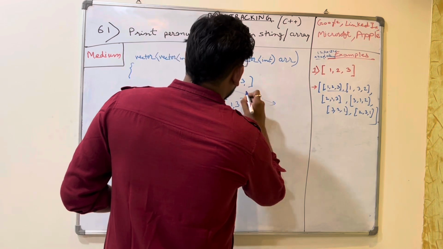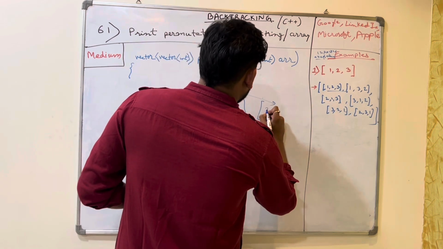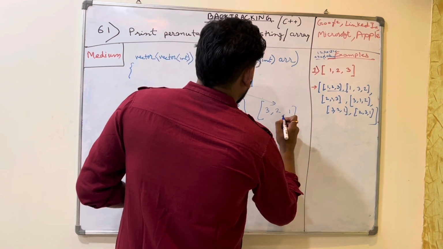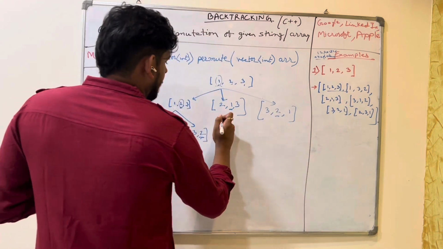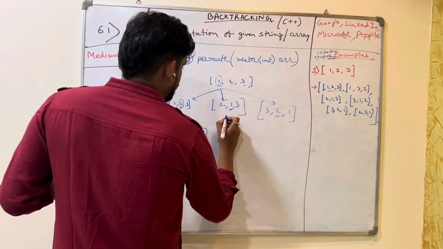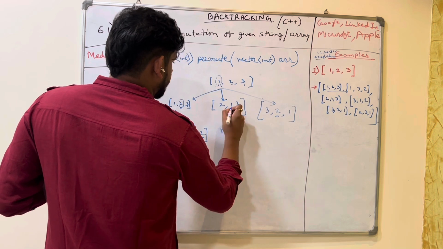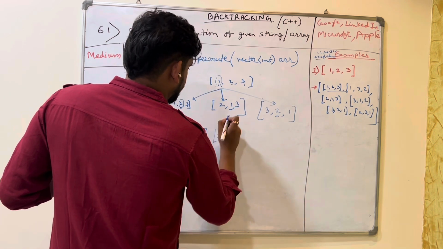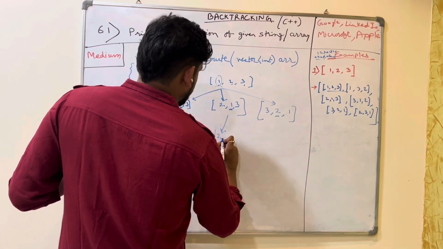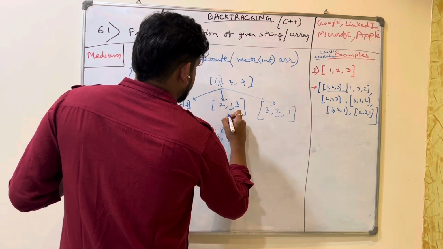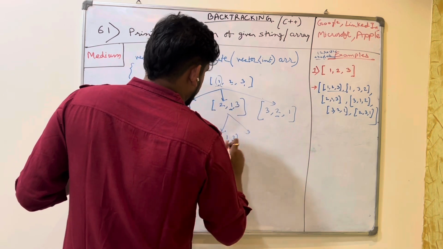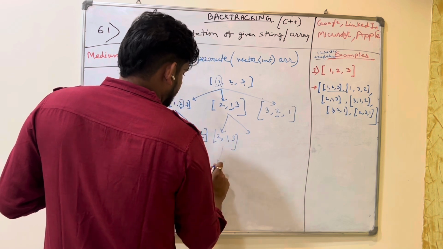Here when we swap 1 with 3, it will become 3 comma 2 comma 1, and our index will be this. Now when we are at this index with 2 comma 1 comma 3, we can swap 2 with 2. This will be swapped with itself, so it will be 2 comma 1 comma 3, and this will be swapped with this one, but this will be swapped after, right? First we will complete this path.